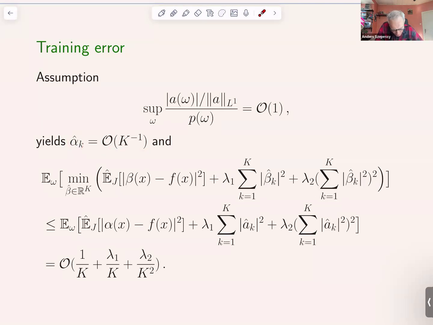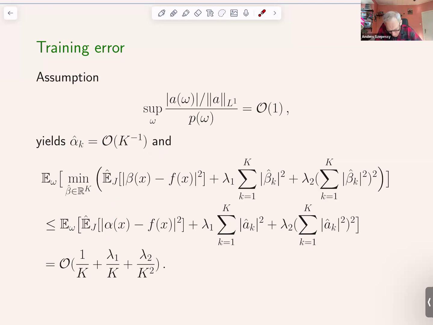And then if we plug that into our training construction, we want to minimize with respect to the amplitudes in the neural network beta hat this expression. This minimum will be less than if we plug in the test neural network alpha, so that we have here.